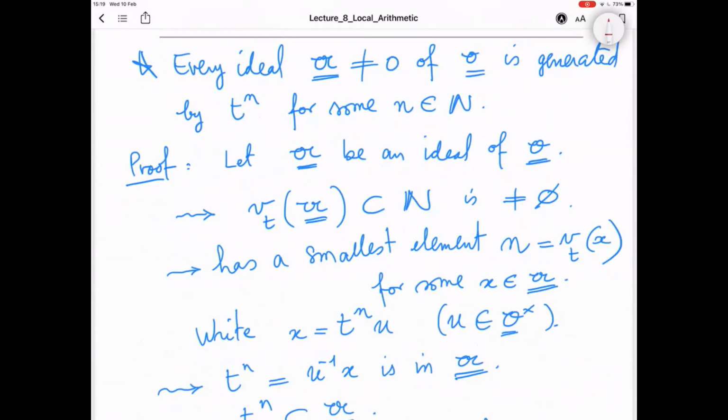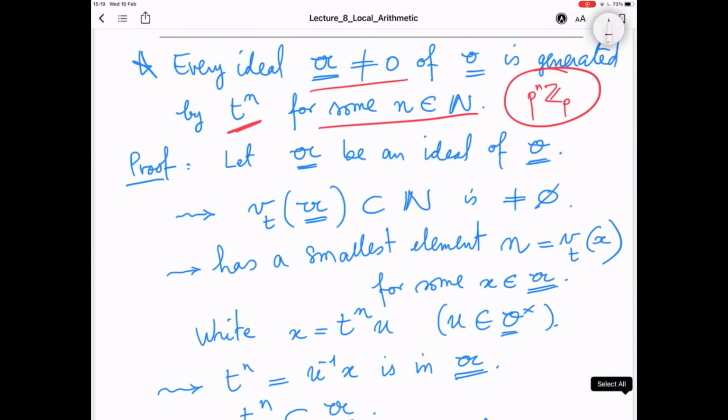So next, we are saying that every ideal of this ring O is generated by t to the n for some n, just as every non-zero ideal of Zp is p to the n Zp for some n, right?